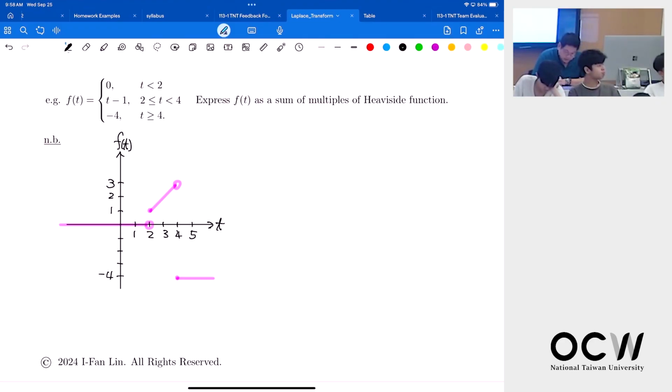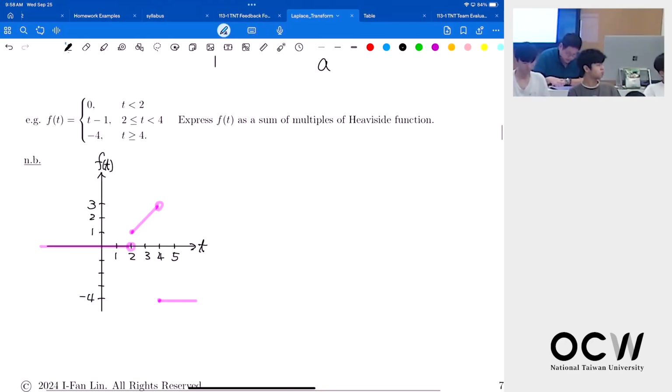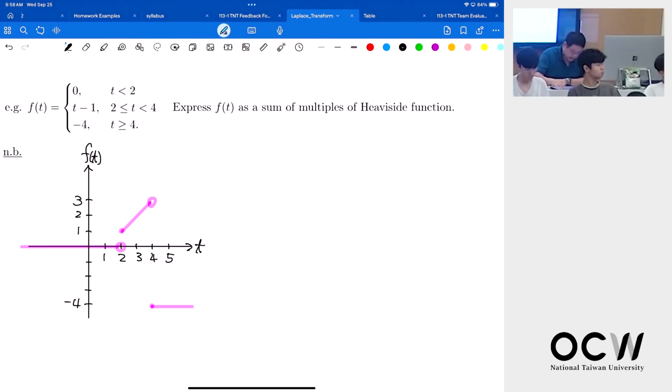Now we need to analyze that. How do I use the Heaviside function to express this function f of t? So we will see that everything is 0 until time 2. Then I turn on t minus 1.